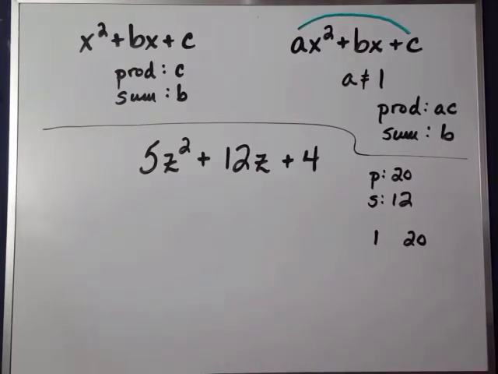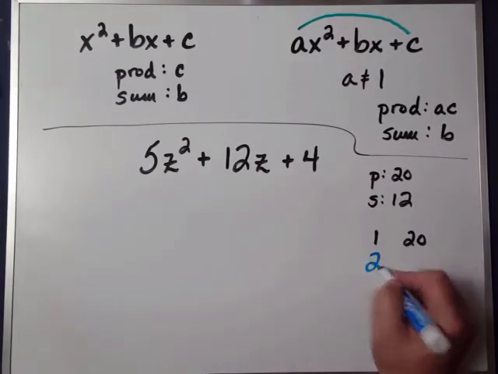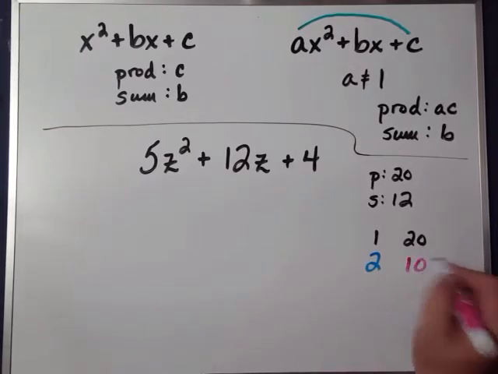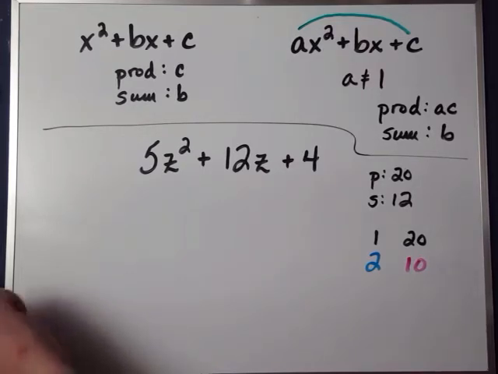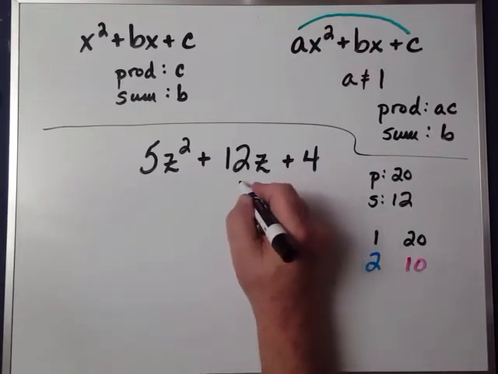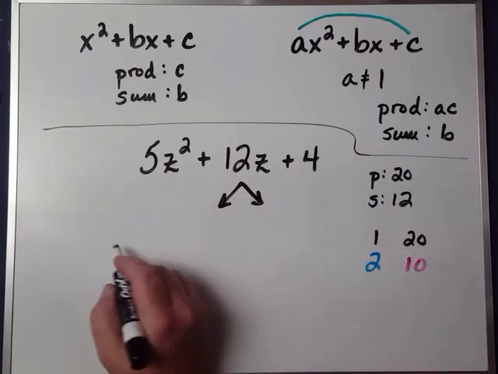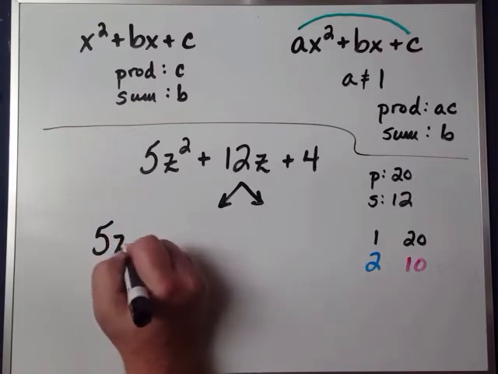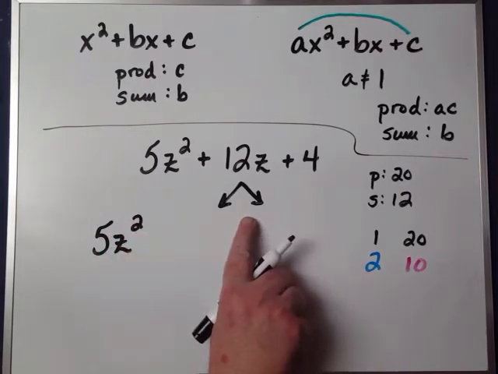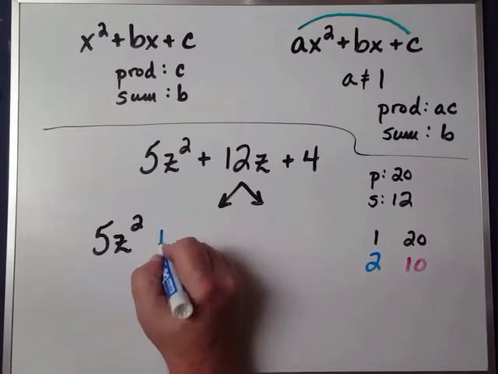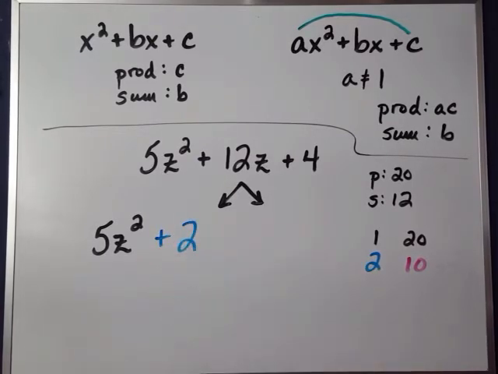Now the thing is, what are we going to do with those two numbers, this 2 and that 10? We're going to use them to split apart the middle term. And so we have our 5z squared, and now I'm going to rewrite this middle term as plus 2z and plus 10z.